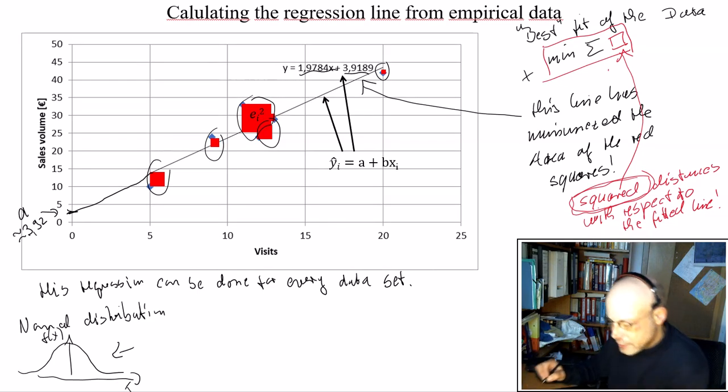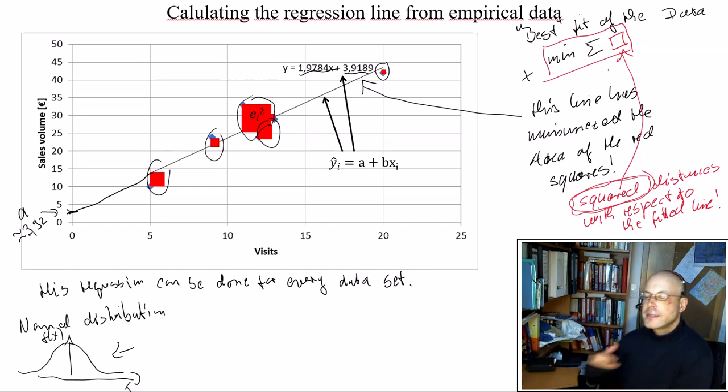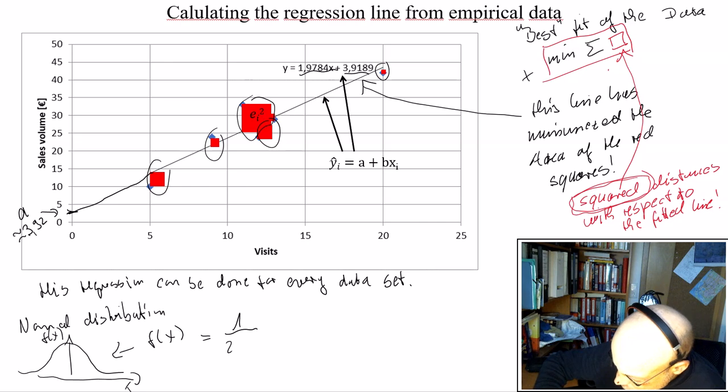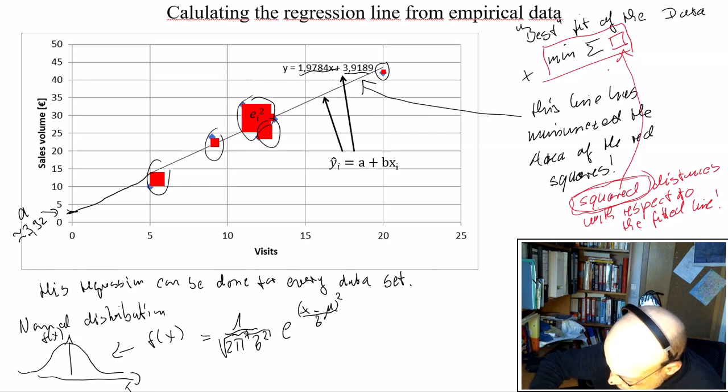And this curve you can describe with a function, and this function for the normal distribution is given by 1 over the square root of 2 pi sigma squared times e to the power of x minus mu squared over sigma.